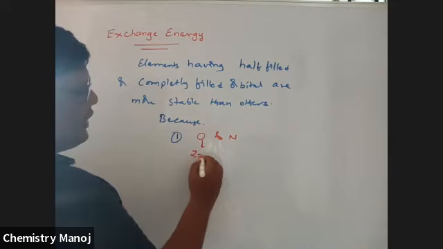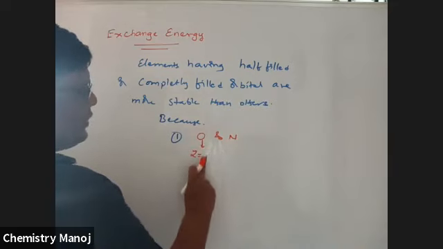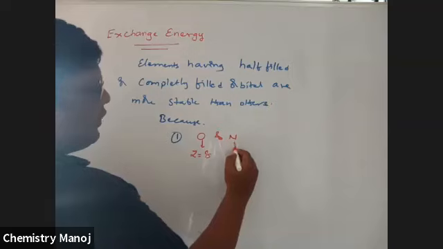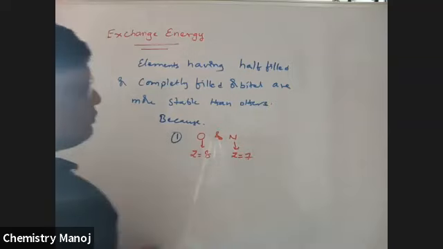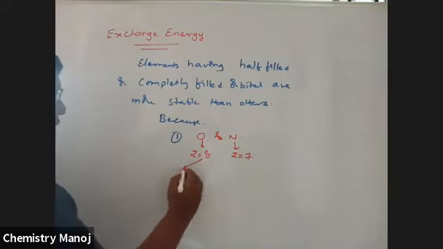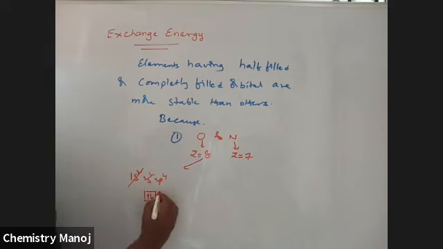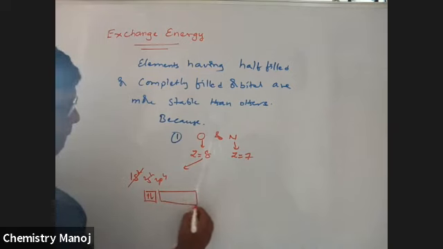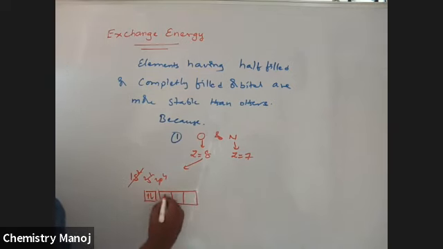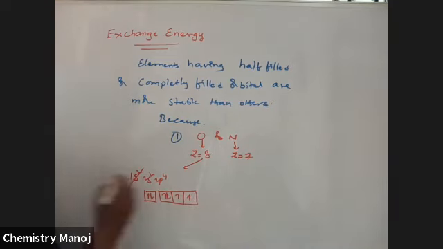Oxygen atomic number Z is equal to 8. For nitrogen, Z is equal to 7. Electronic configuration of oxygen is 1s2, 2s2, 2p4. Inner orbitals cancel out, so it is a 2s orbital having 2 electrons and a 2p orbital with 1, 2, 3, 4 electrons.